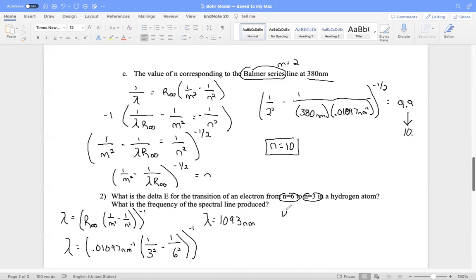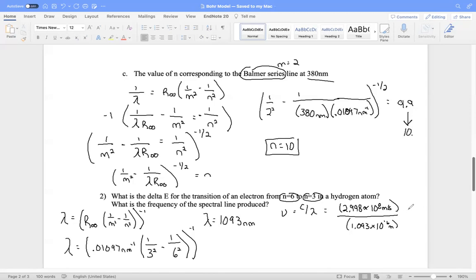And so now we can plug this in to nu, which is the symbol that we use for frequency, equals c over lambda. Again, c is our speed of light. So that's going to be 2.998 times 10 to the 8th meters per second, divided by our wavelength, which we'll convert to meters, 1.093 times 10 to the -6 meters.